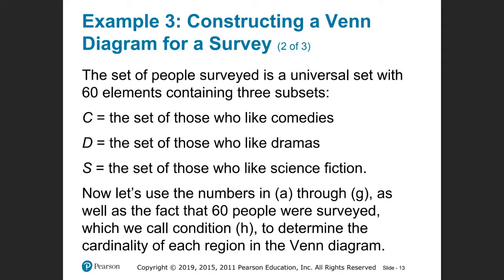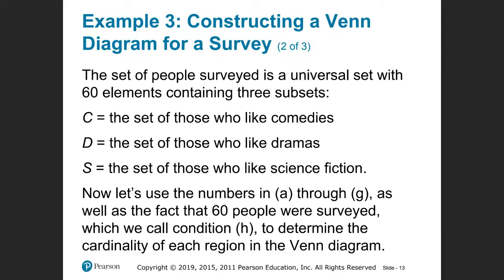The set of people surveyed is a universal set. It has 60 elements containing 3 subsets. They looked at 3 different types of movies: comedies, dramas, and science fiction. So we're going to label these C for comedies, D for dramas, and S for science fiction.